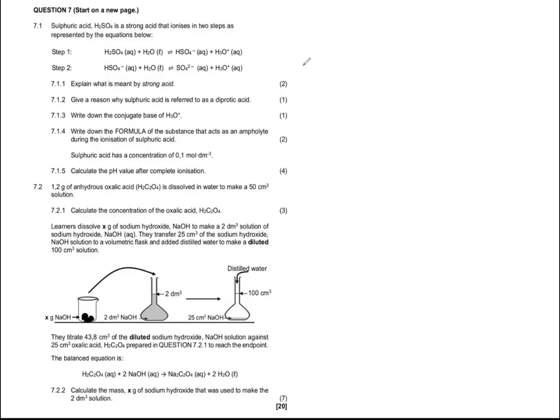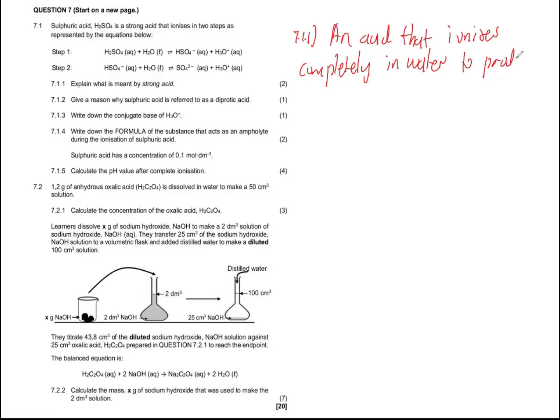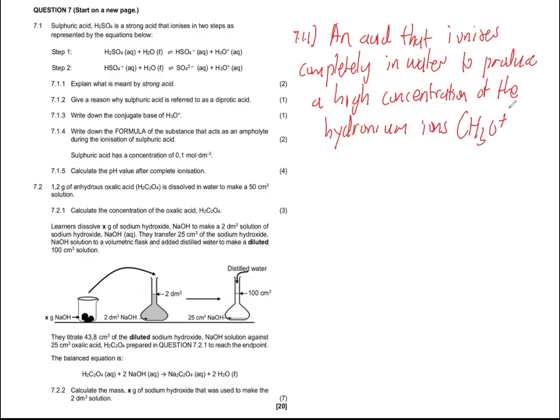Right, so we know that a strong acid is an acid that ionizes completely in water to produce a high concentration of the hydronium ions. So your hydronium ions being what?